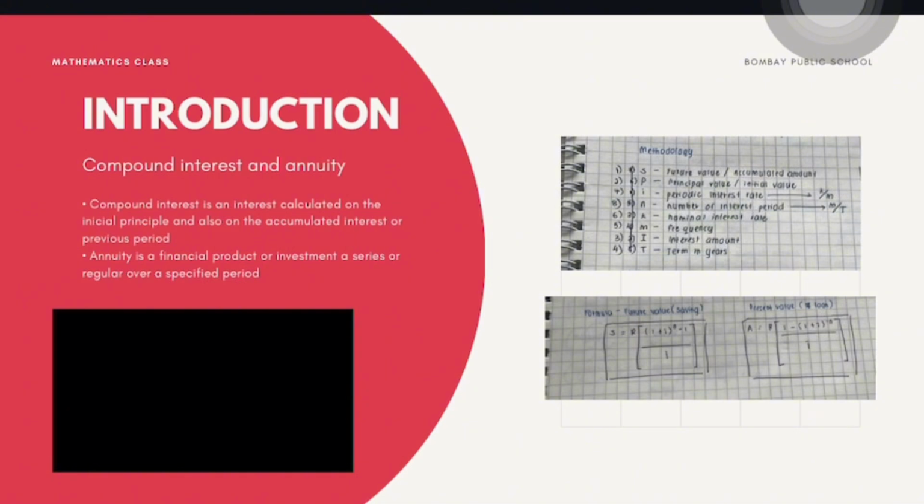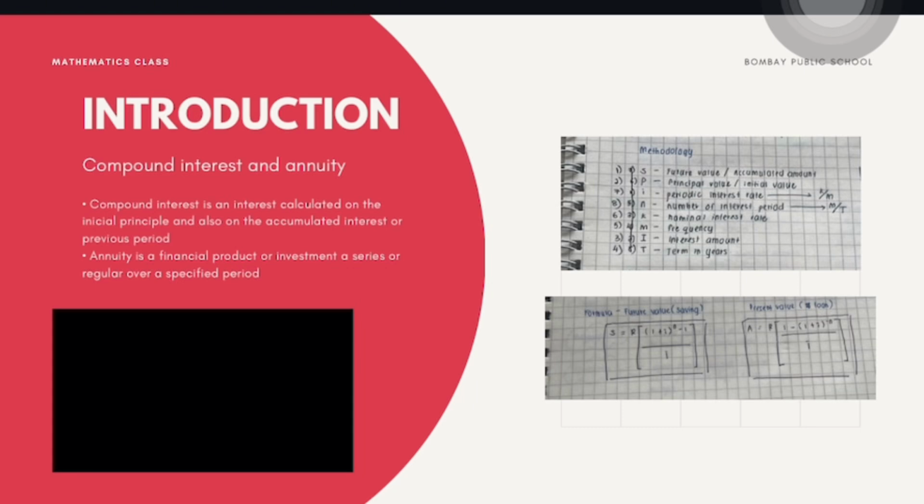We have two formulas provided in this chapter. The first is future value: S equals R[((1 + i)^n - 1) / i], and the second one is I equals S minus nR.